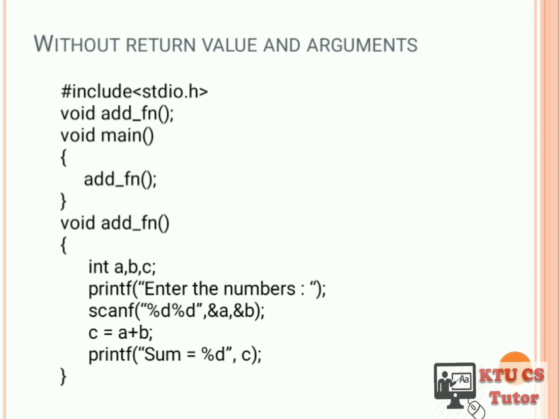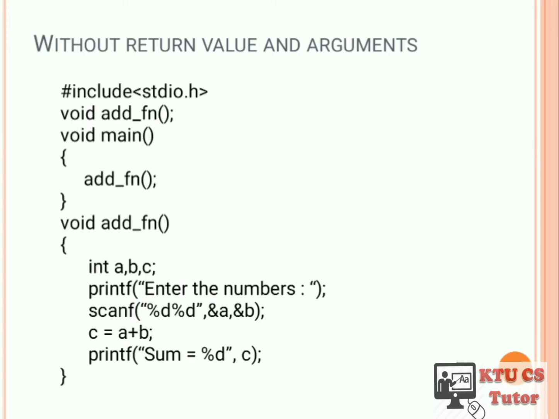We are adding A plus B and storing it in the third variable C. After finding the sum, we will be displaying the sum. Clear? So whatever statements would be written inside the main function, we have separated into another function which is called add function. That's the only difference here.